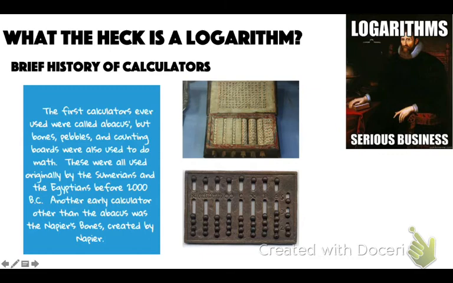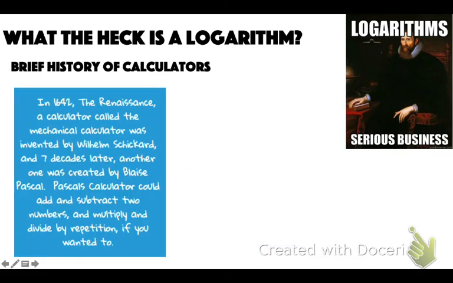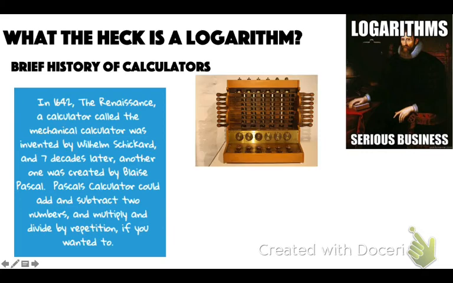Then in 1642, almost 4,000 years later, they came up with a mechanical calculator. It could do addition and subtraction, and then multiplication and division by repetition. But multiplication and division by repetition still takes a long time, right?